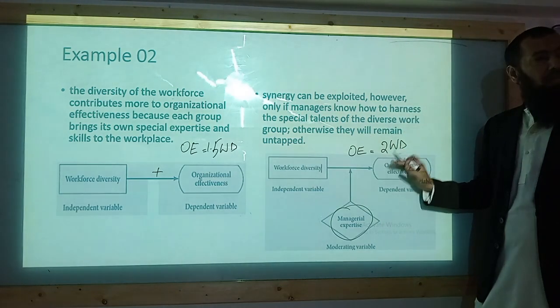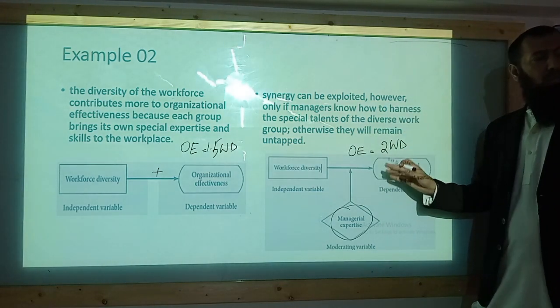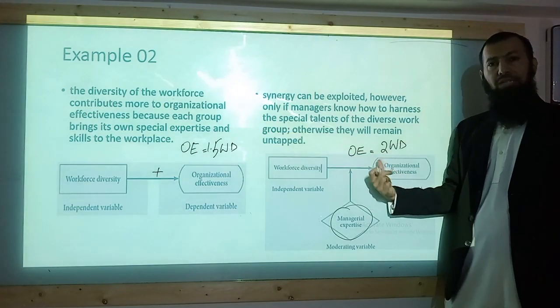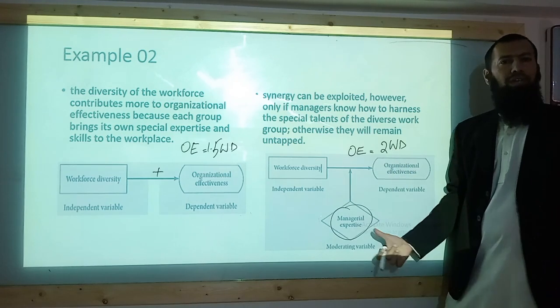Over here it is 2 times, because of the adoption of the manager. Over there it is 1.5, over here it is 2 times. So why? Because of the moderating variable.